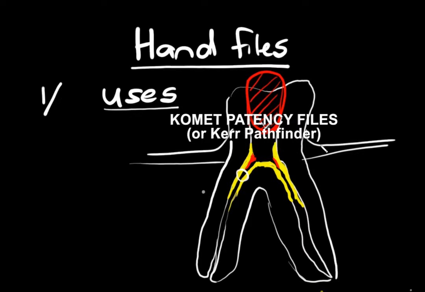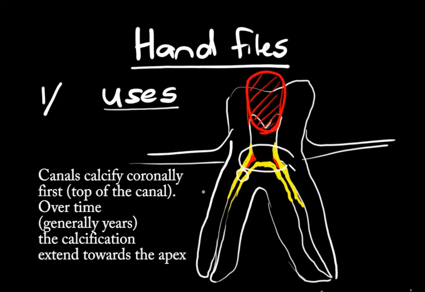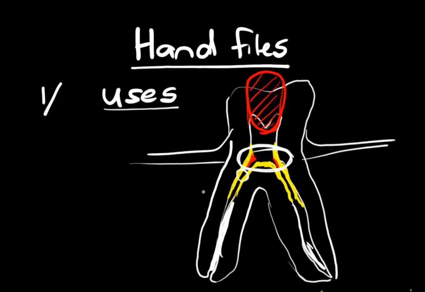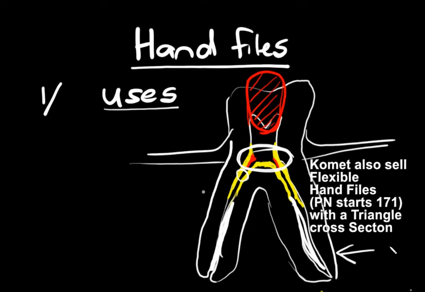So you want a stiff file here to literally enter these canal systems from the pulp chamber into the canal, and down in the distal parts of the roots where you can get quite curvy, bendy, small S shapes, etc., you want flexible files. So here you want the flexible files, and here you want the stiff files.